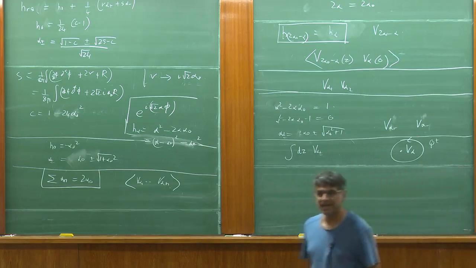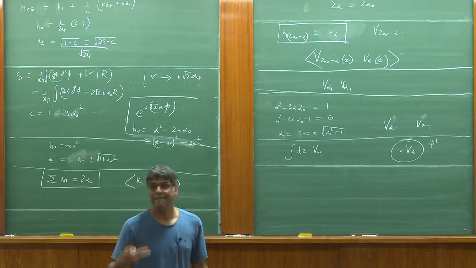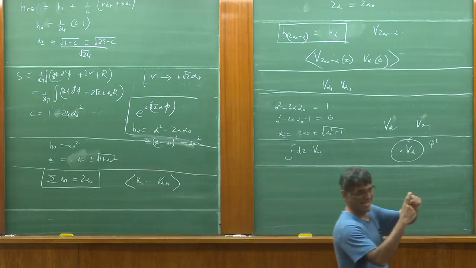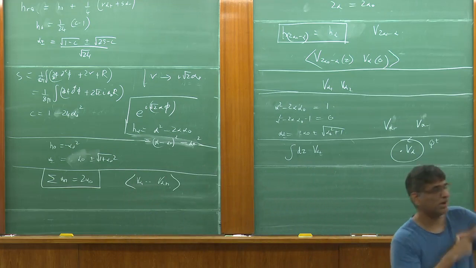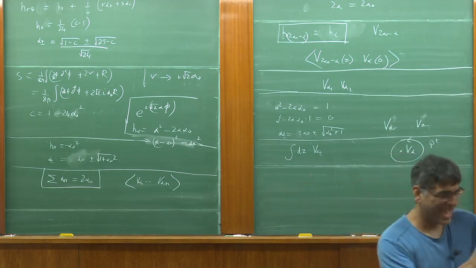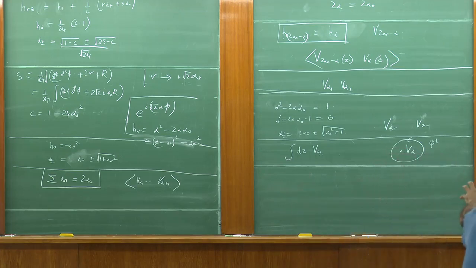Now, because this guy carries 0 conformal charge, this was a conformally invariant operation. You don't change the conformal weight of the effective operator you get by doing this action.